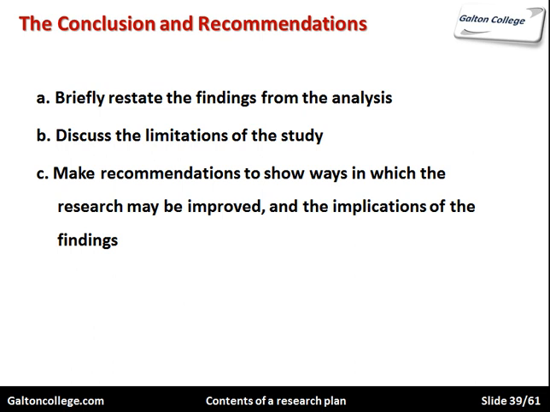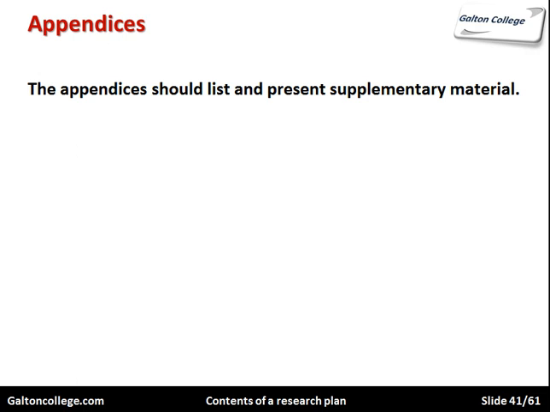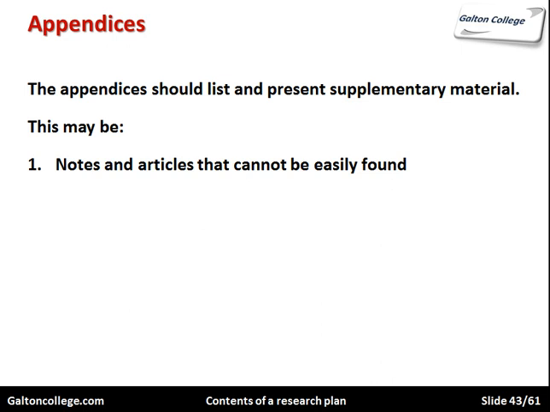Now let's look at another part of the report, which would be the appendices. These should simply list and present supplementary material. Now, this may be notes and articles that can't easily be found.